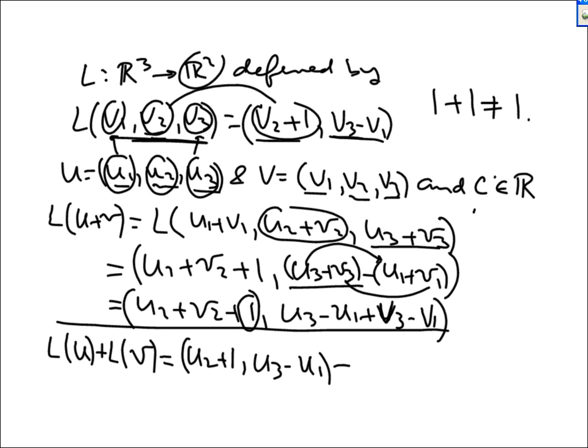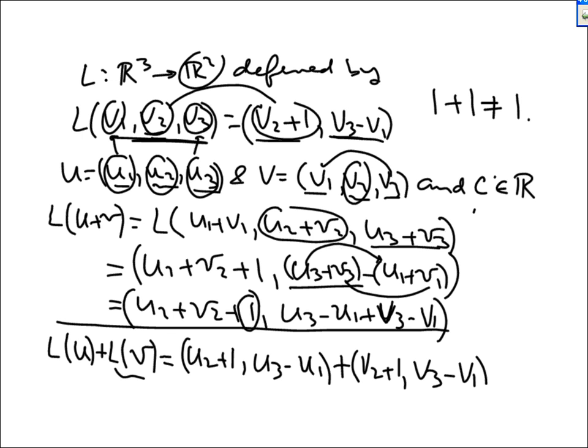That's L of u. Plus L of v. L of v is the second component plus 1. And then the third component minus the first component.